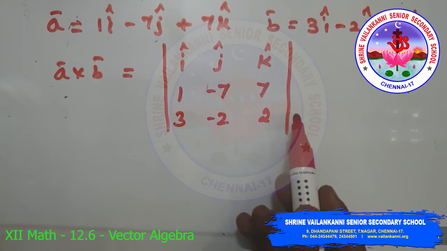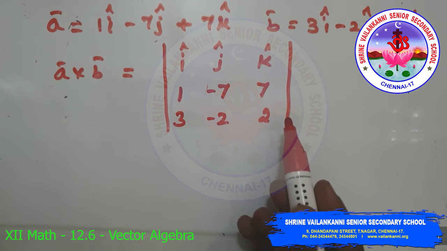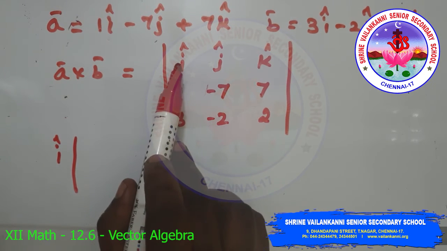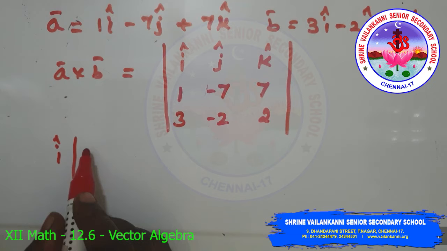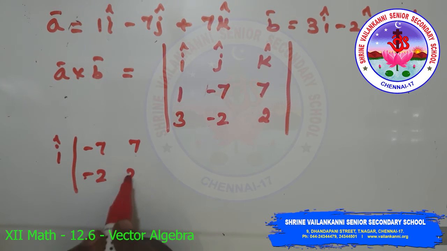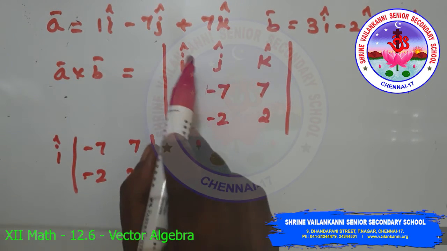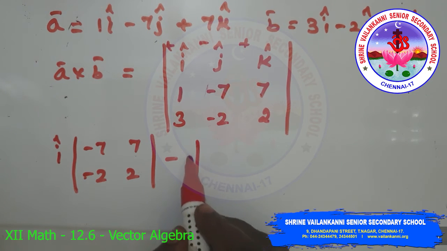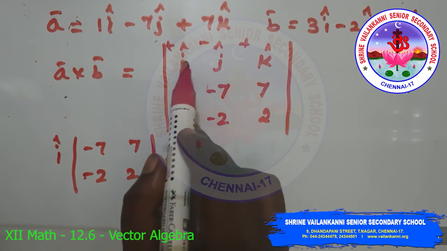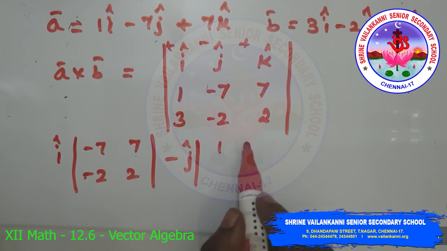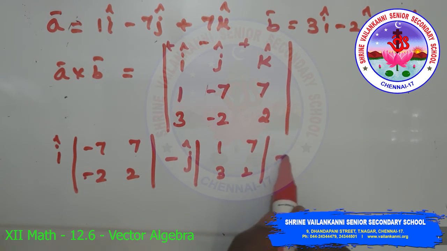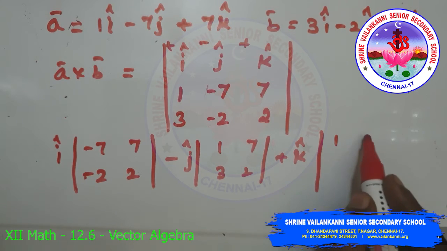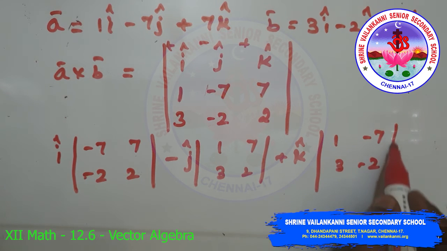Expanding along the first row of the determinant: i into, deleting this row and column, we get minus 7, 7, minus 2, 2. Then alternate signs, plus, minus, plus. So minus j into, deleting this row and column, we get 1, 7, 3, 2, plus k into 1, minus 7, 3, minus 2.